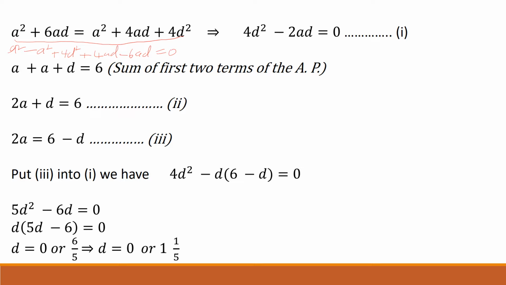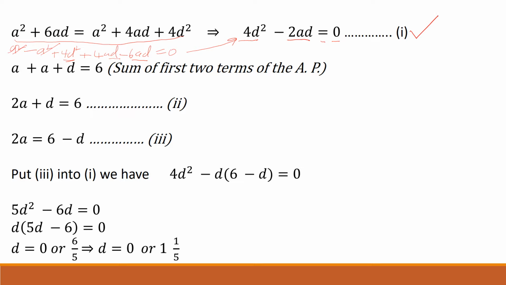So with that, now I'm going to have A squared minus A squared, 0. This has no like term, so we have it here, 4D squared. Then 4AD minus 6AD is minus 2AD equals 0. So we call this equation 1.